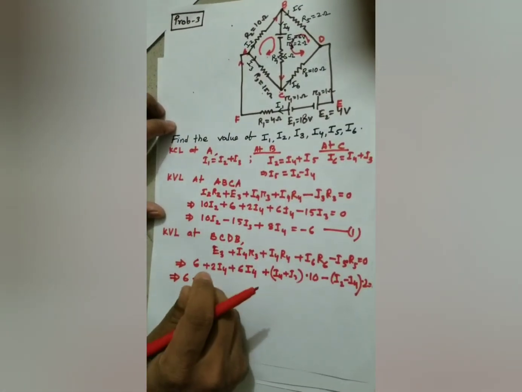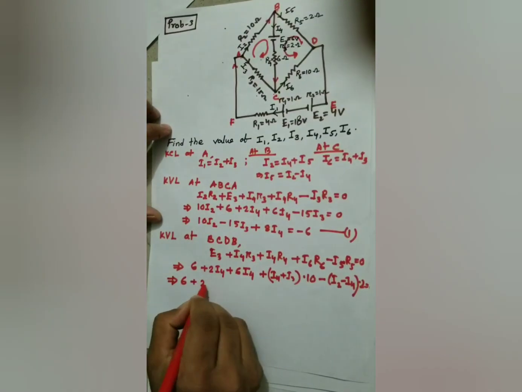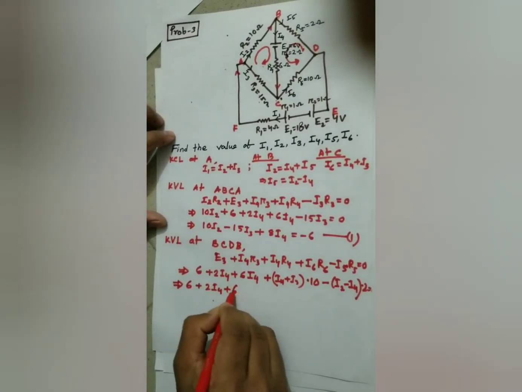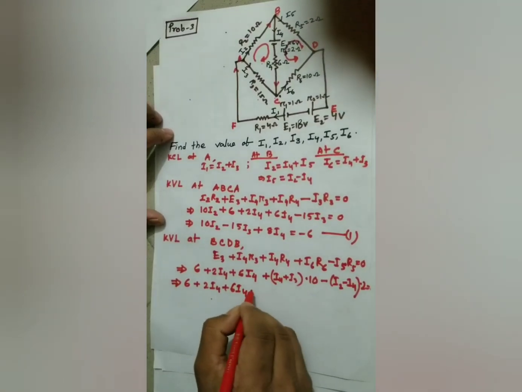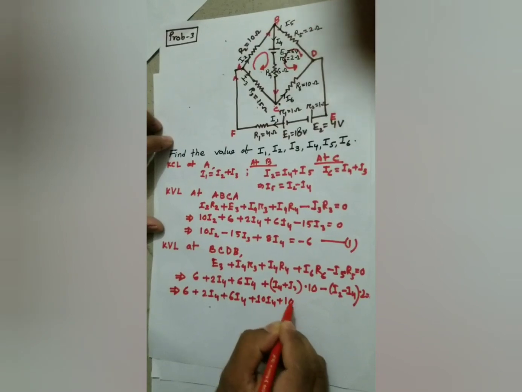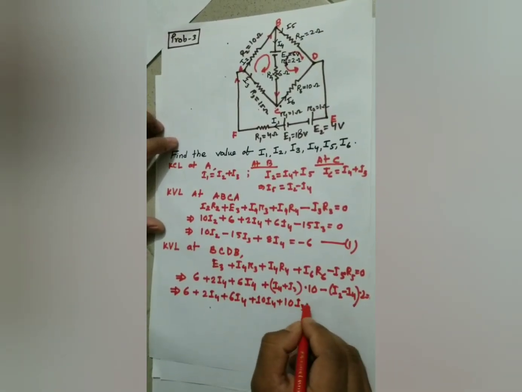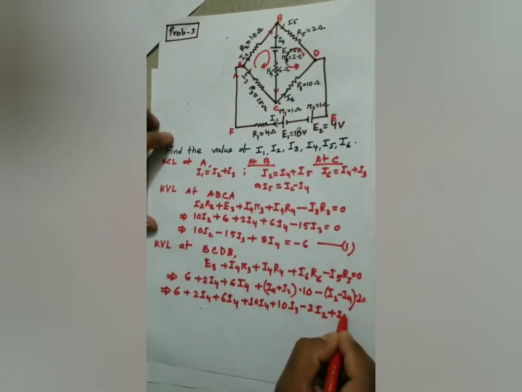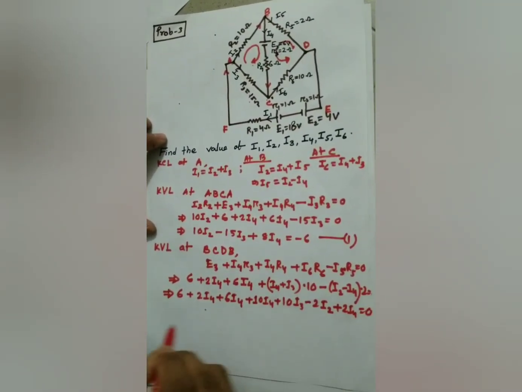Plus 2 I4 plus 6 I4 plus 10 I4 plus 10 I3 minus 2 I2 plus 2 I4 equals 0.